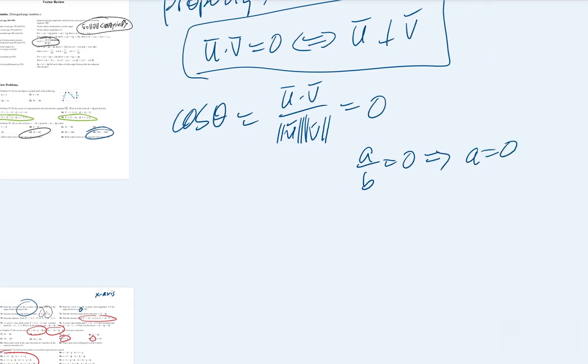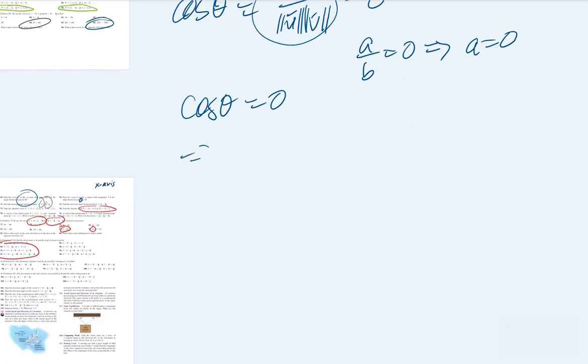So if u dot v is 0, that means that cosine of theta is 0, which means that theta is either 90 degrees or 270 degrees.